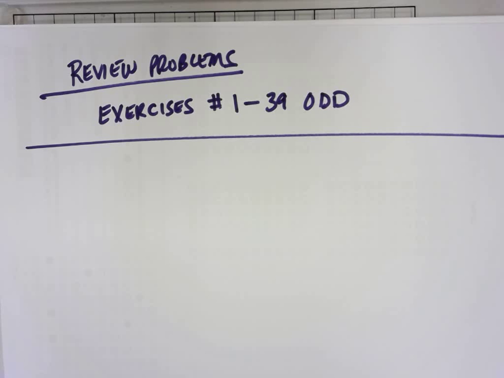Think back to everything we've done. Remember, we've done counting principles, the fundamental counting principle. We've done permutations, combinations, and distinguishable permutations. So remember those problems. I don't think binomial probability is in this set. But make sure you do these problems and be ready to talk about them tomorrow.